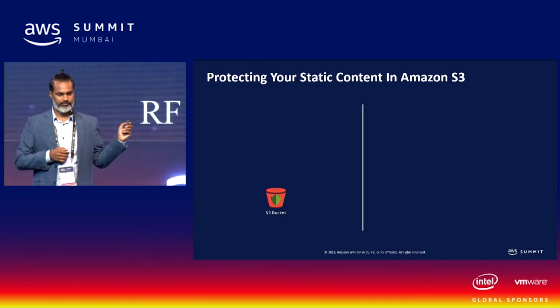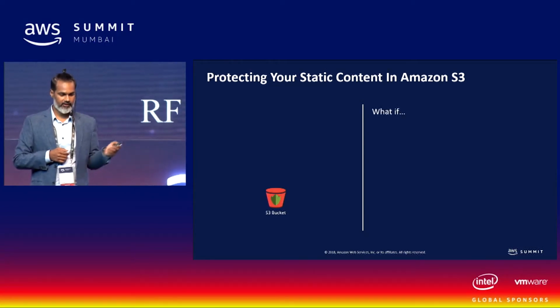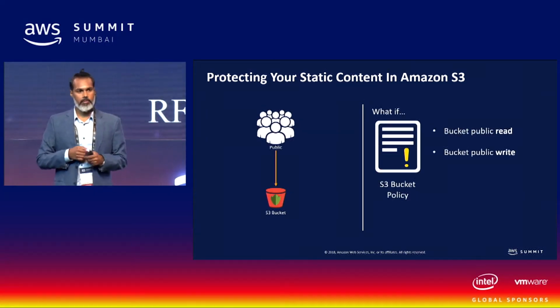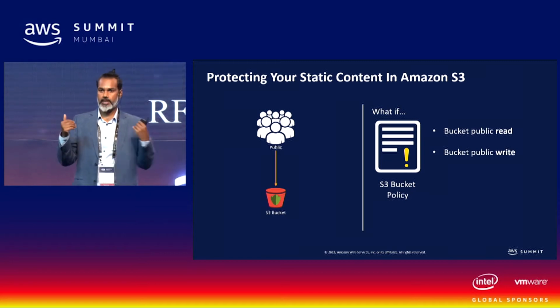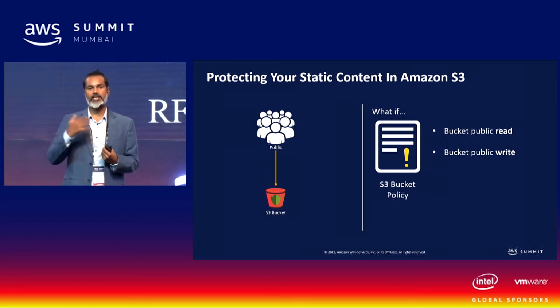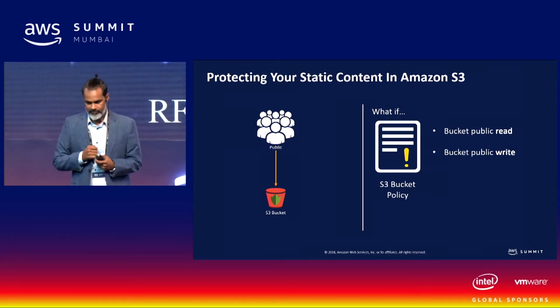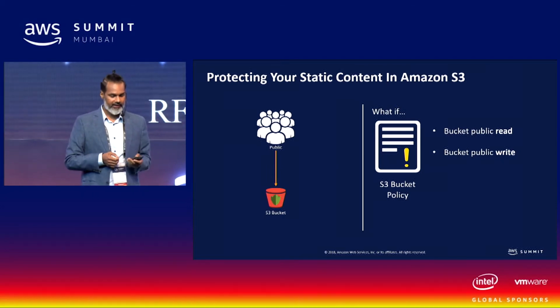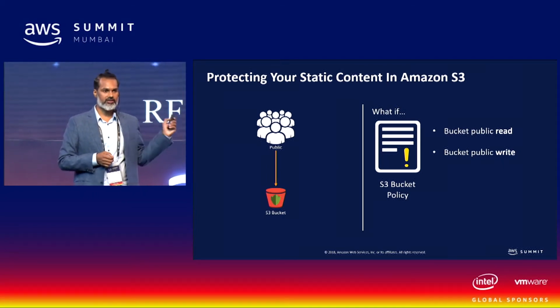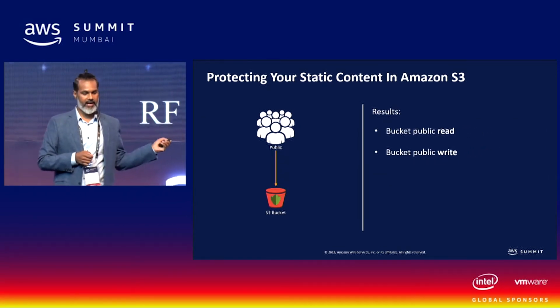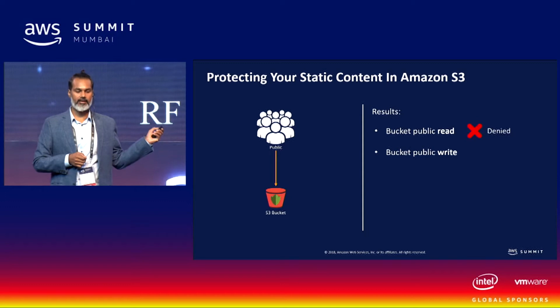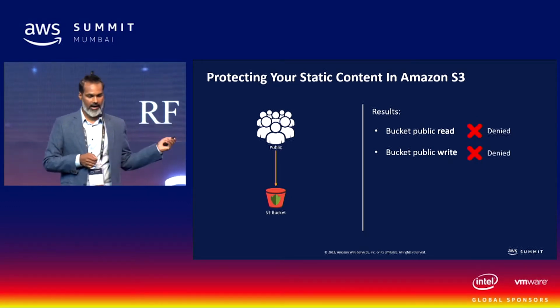Now what if your bucket policies have been modified, let's say by accident, you make it public. If your bucket has been made public, that means anyone can read and write from it. But if KMS has been applied, it's still not readable because it still requires permission. So your read and write are denied. Why?